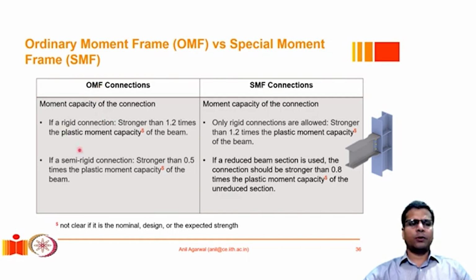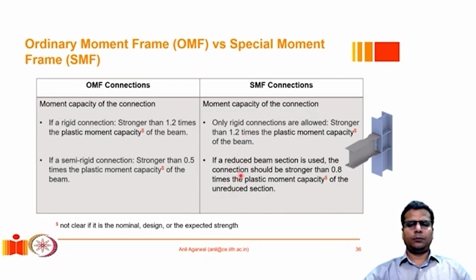However, ordinary moment frame allows the use of semi-rigid connections, and when it allows for the use of semi-rigid connections, then the connection should be stronger than 0.5 times the plastic moment capacity of the beam. Whereas in the case of special moment frame, the connection should always be rigid, and it should be at least 1.2 times the plastic moment capacity of the beam.